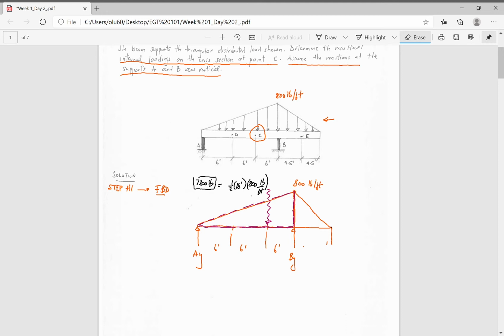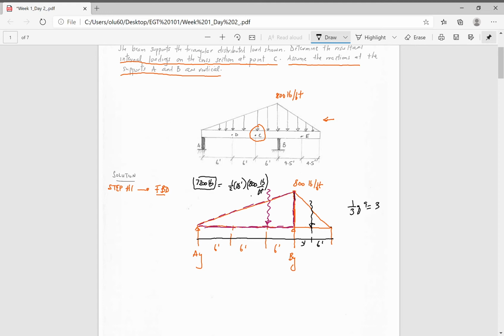Because we want 2/3 from the apex and 1/3 from the base, I could just redraw this, and we're going to have something like this. This is going to be 3 feet, 6 feet. And our resultant force of this triangle load is going to be at this junction here, because 1/3 of 9 is 3.